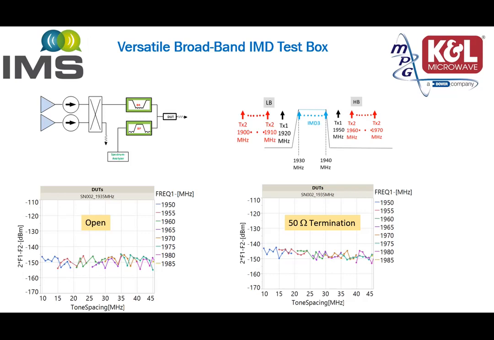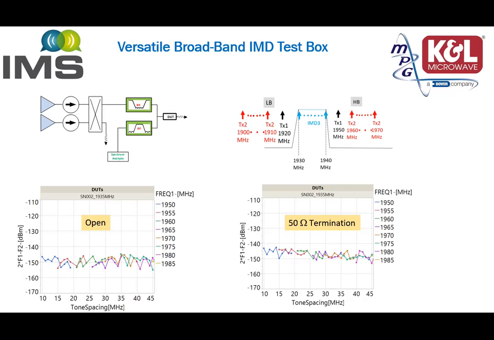So instead of combining the two signals and injecting them into a bandpass, which we normally do, this KNL Microwave IP suggests that if we do the opposite, if we inject the signals through a band reject, we can then get a very broadband system.